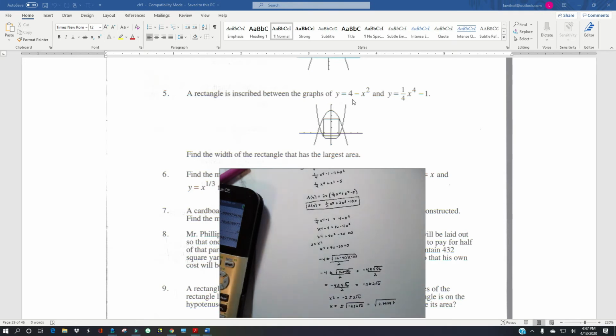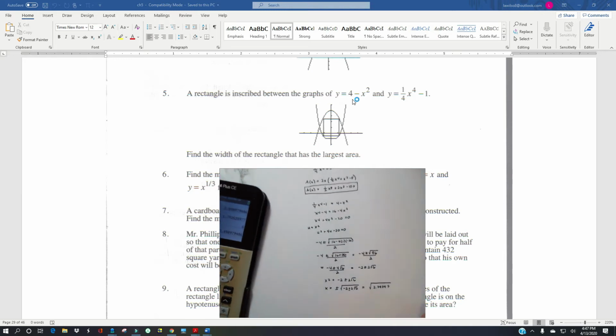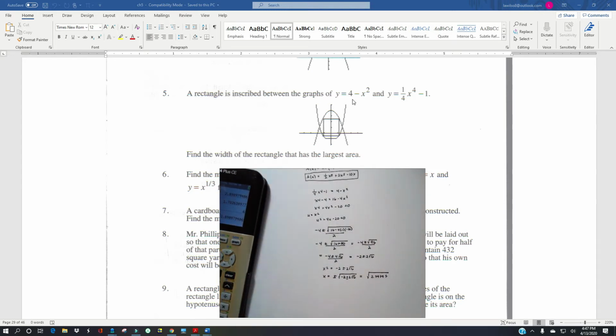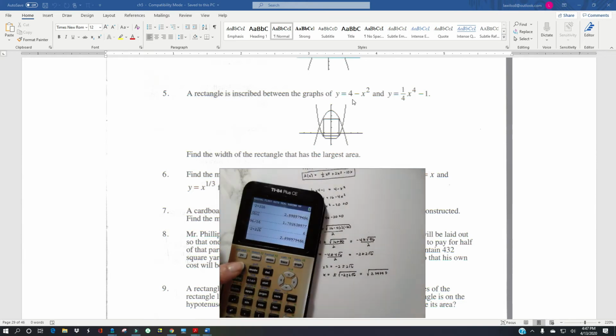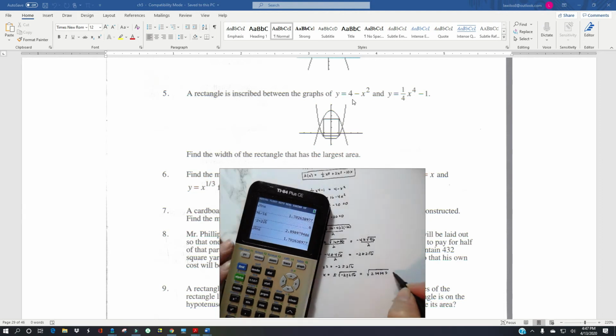So it goes on further than that. You shouldn't round, but we should get close enough. Just don't do that on the AP exam. All right, and if I take the square root of that, I get that x is approximately 1.702.